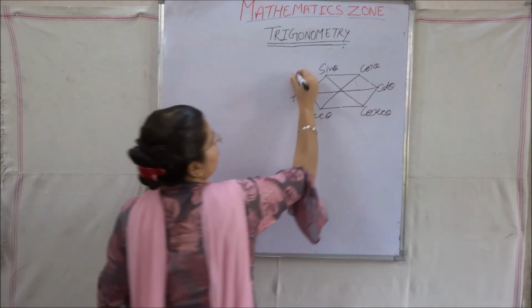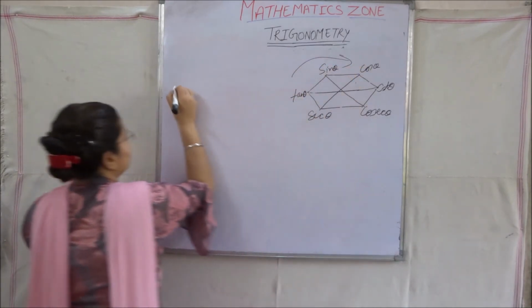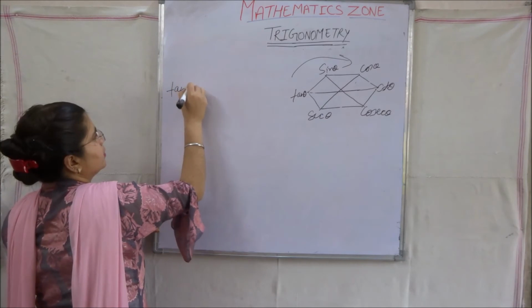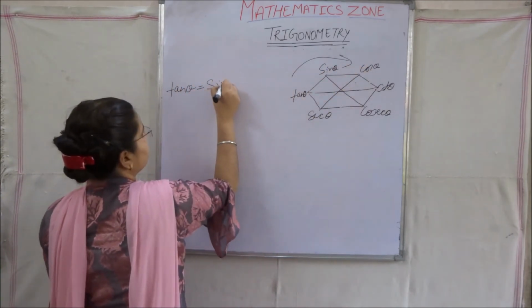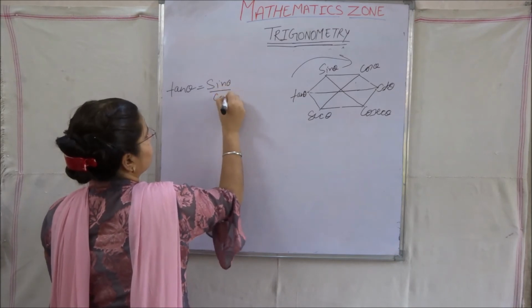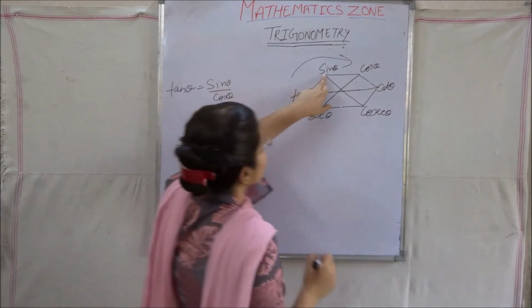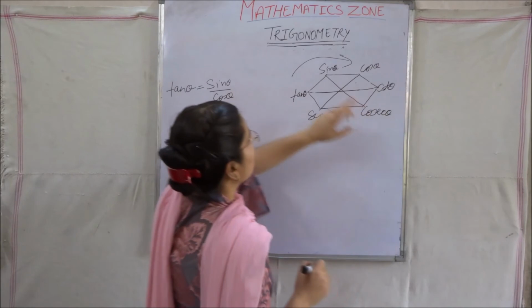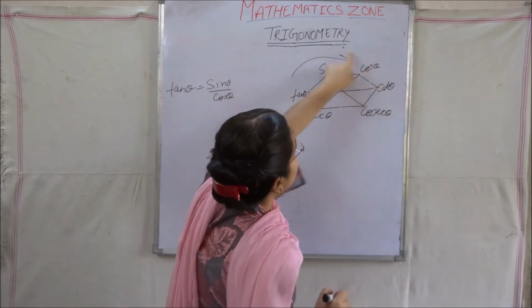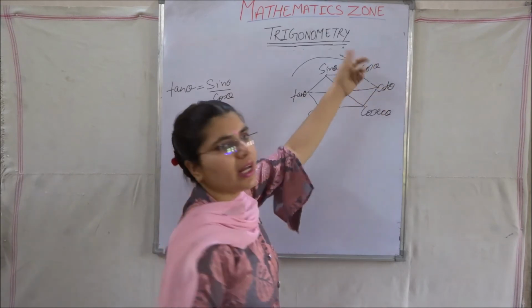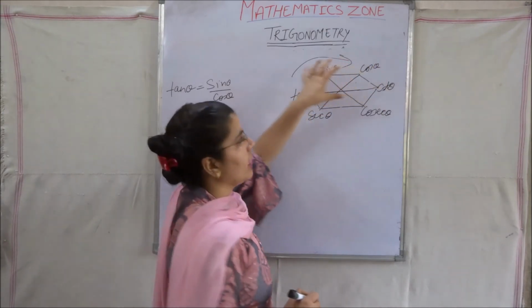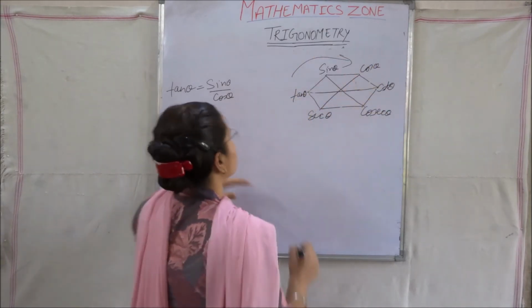First of all we will move in a clockwise direction. So tan theta will be sin theta upon cos theta. Sin theta will be cos theta upon cot theta. So we will move in a clockwise direction firstly, after that we will move in an anti-clockwise direction and derive the formulas.